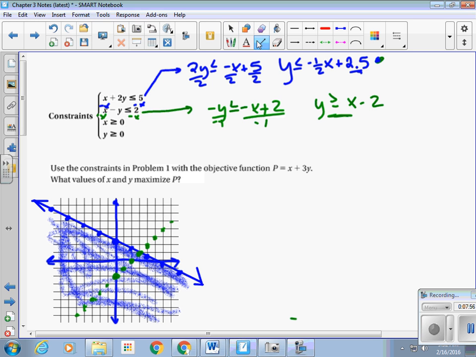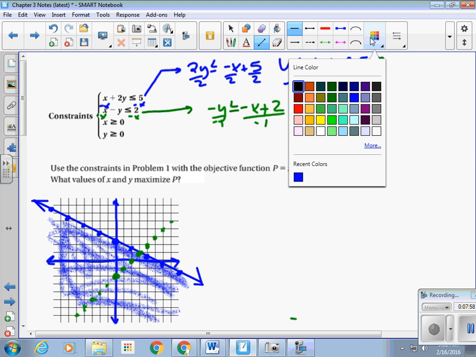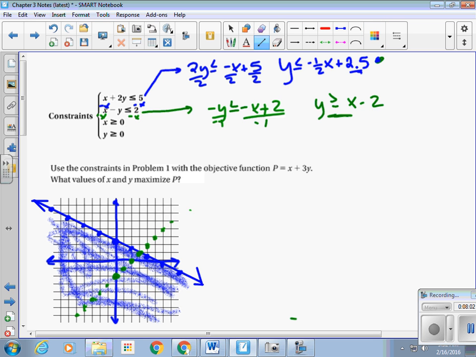All right, let's get out our line. We, of course, want to make a straight line. So I'll make it, then I'll move it so it's lined up. And I am greater than or equal to, so I'm going to have a solid line.